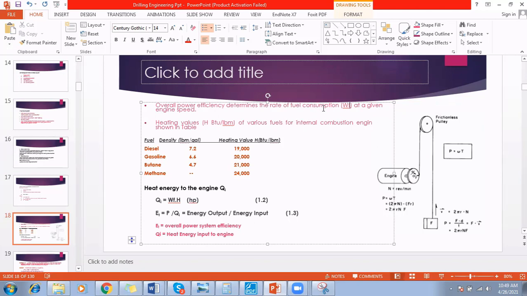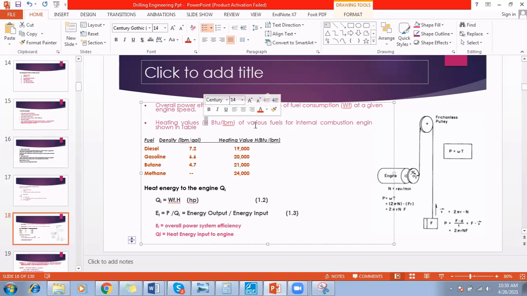The heating effect of every fuel is different, and it is shown with H. H is the variable that tells us how much heat can be produced from a specific fuel.